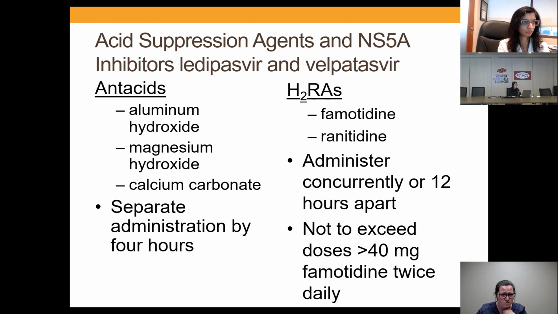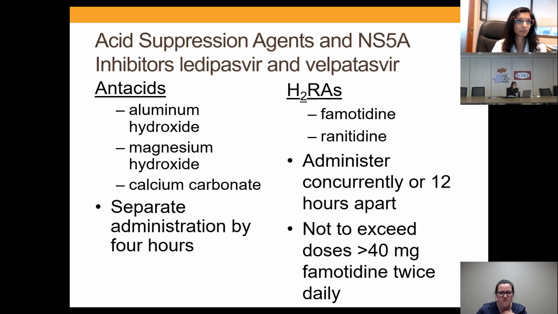So other acid reducers to think about are antacids, right? So Tums, Rolaids, and the recommendation there is to separate it by 4 hours from the hepatitis C medication. And then H2RAs, which right now is just famotidine, I should scratch ranitidine off there, can be taken, not more than 40 milligrams of famotidine twice daily. And even less than that if they can use less.